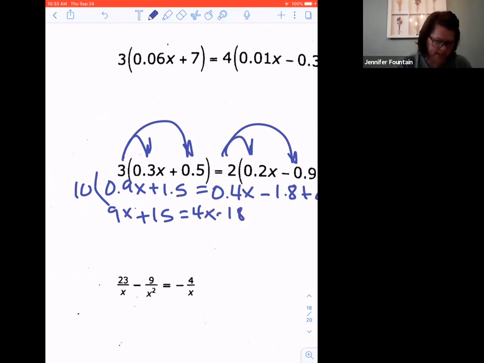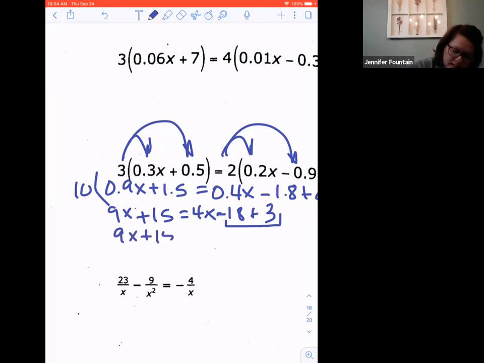minus 18 plus 3. Now that I've got those decimals cleared, I can go ahead and combine like terms, and I see I've got a negative 18 plus 3 on the right-hand side. So I've got 9x plus 15 equals 4x, and then negative 18 plus 3 is negative 15.